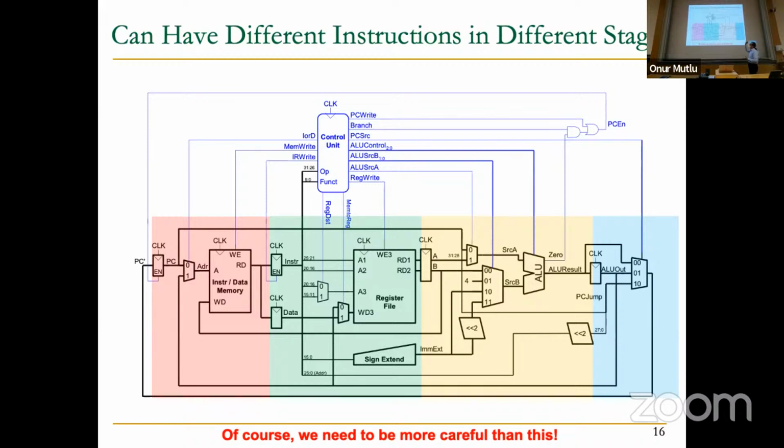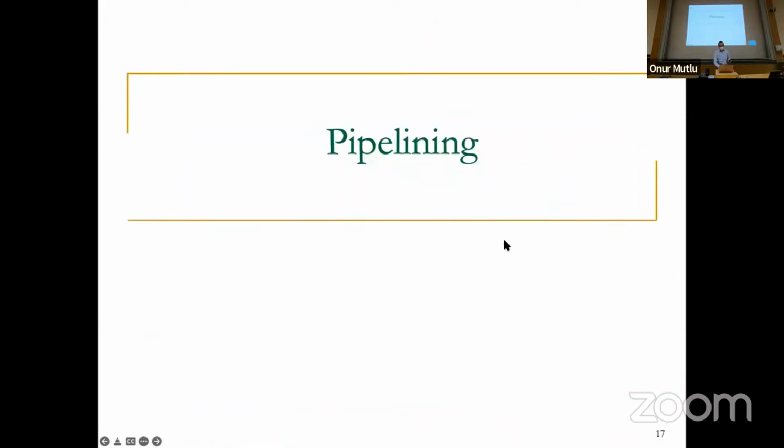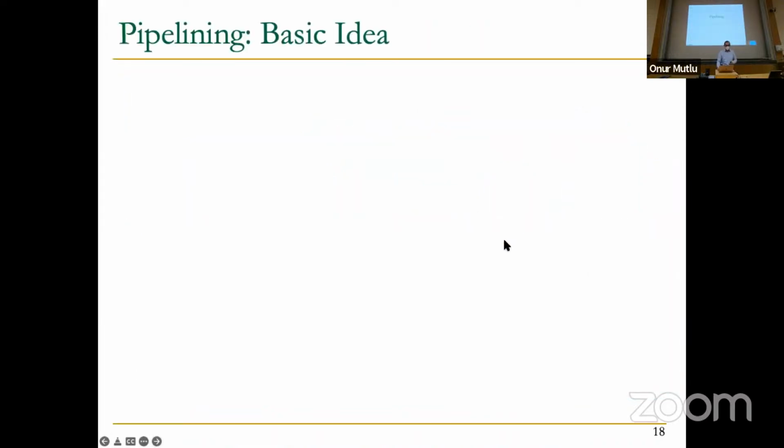So you cannot really chop up the machine like this. You need to add more registers so that you know which instructions are being processed in different stages. So we're going to increase the hardware cost clearly compared to the multi-cycle machine. And that's going to be one of the shortcomings of pipeline. Does that make sense? At least the basic idea? Okay, good. And this basic idea should be very familiar because we're going to see real pipelines as well.